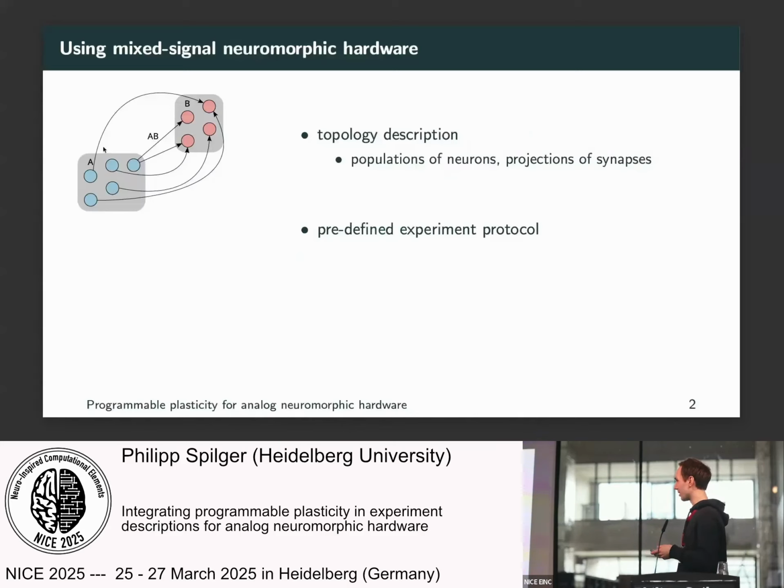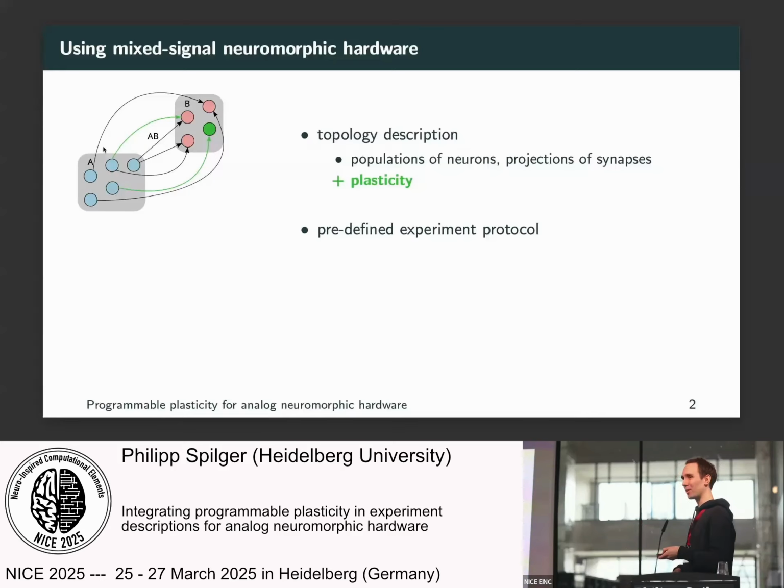What we want to do with the programmable plasticity is include this as a first-class citizen in this experiment description, as opposed to having it attached to a network entity in the form of, for example, short-term plasticity compared to non-plastic synapses.